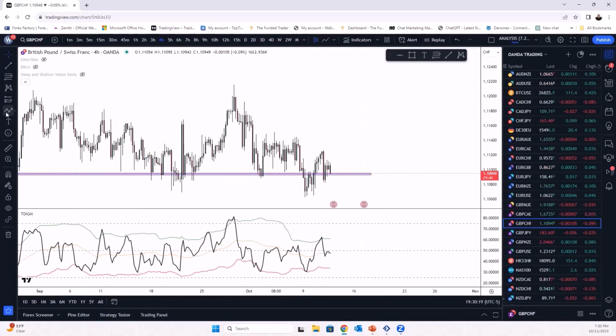Now, if it did something where it breaks this level of support, comes and retests and gives us divergence at that level, then we could enter in here to take it to the downside. So that would be this. If TDI drops, and then let's say this comes up higher at this point.